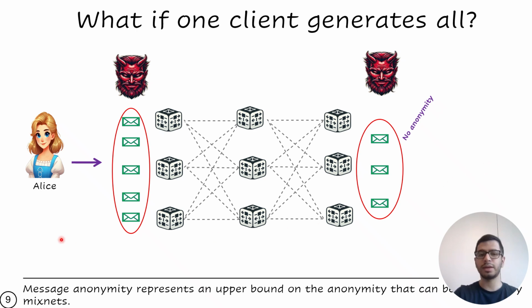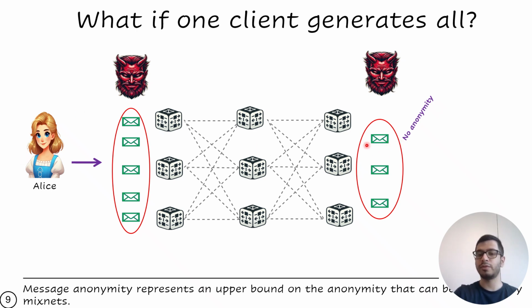For instance, you can consider this counterexample where we have only one client sending all messages through the mixed network. In such a case, the global network adversary will have no problem distinguishing which message is generated by whom.